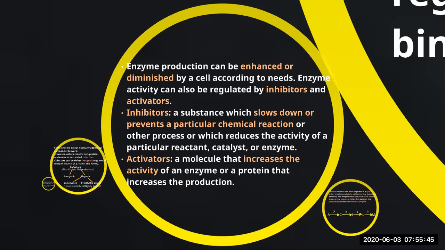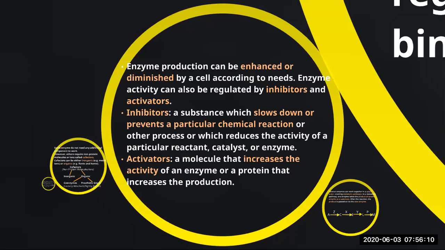Inhibitors are the substances which slow down or prevent a chemical reaction. There are different kinds of chemicals which can enhance the activity of enzymes, but these chemicals, which we call inhibitors, slow down or totally prevent the reaction.